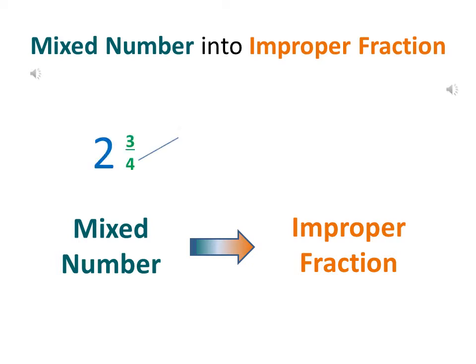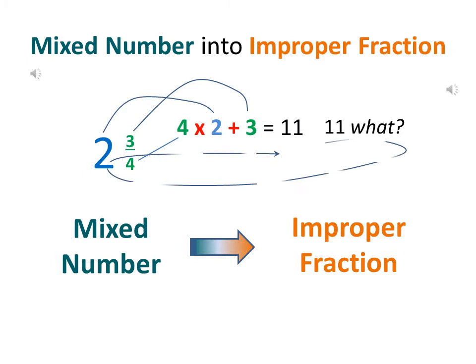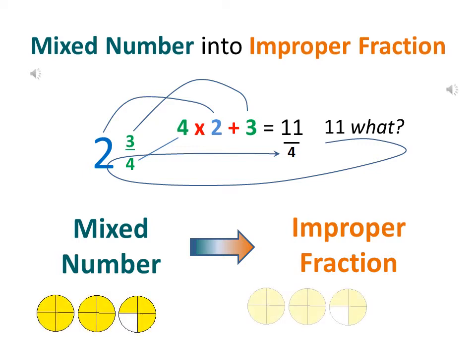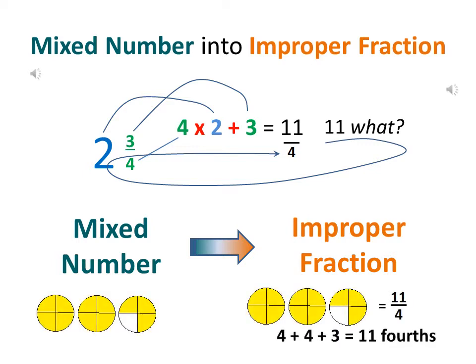Take the denominator 4, multiply it by the whole number 2, and add the numerator 3, and you get 11. 11 what? 11/4. That's the improper fraction, and here's how you see it using pictures. So, to summarize, the mixed number 2 3/4 is equal to the improper fraction 11/4.